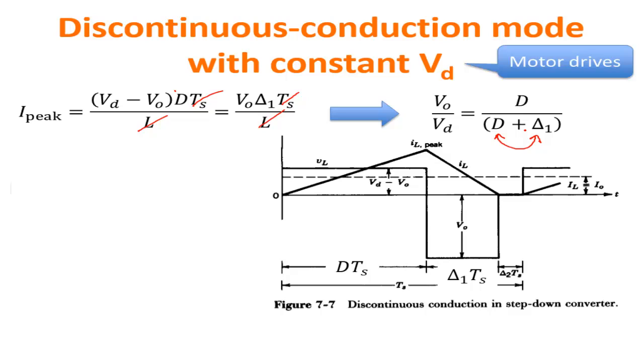It's also easy to check that the two things work, because in the limit of continuous conduction, delta 2 becomes 0, and therefore D plus delta 1 becomes 1, and we are in the previous case. Just as a check that the expressions are correct and the things are working.